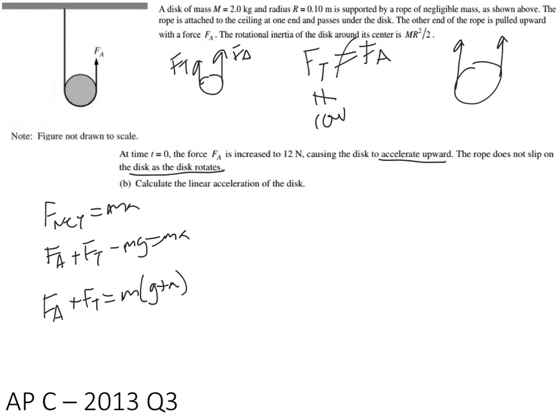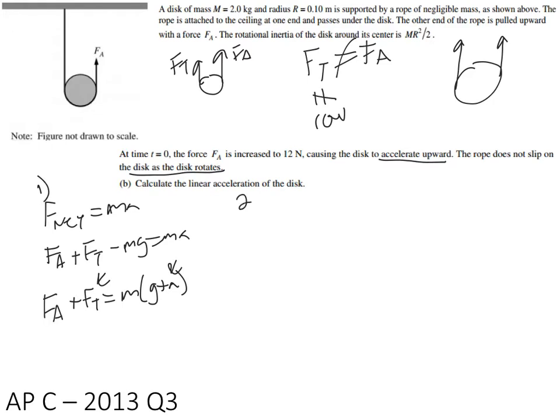What you realize is, oh no, I have two unknowns. I don't know what Ft is, and I don't know what A is. So, what we want to do is we have to bring in a second equation. So if you remember, the more unknowns you have, the more equations you need. If you have two unknowns, then you need two unique equations. This is one equation, F net equals ma. So this is my first equation.